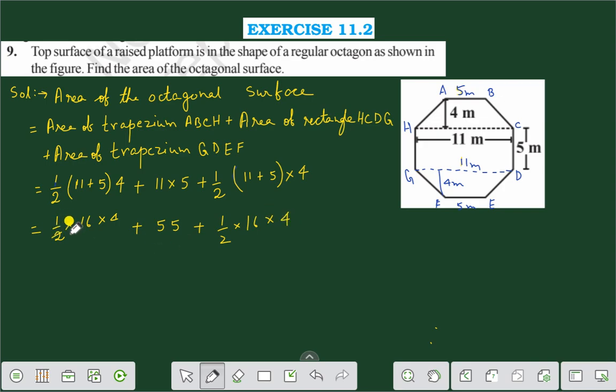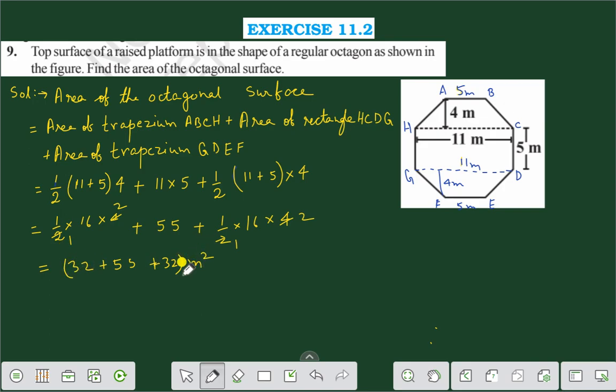So we are getting half into 4 is 2, 16 into 2 is 32, plus 55, plus 32 meter square.